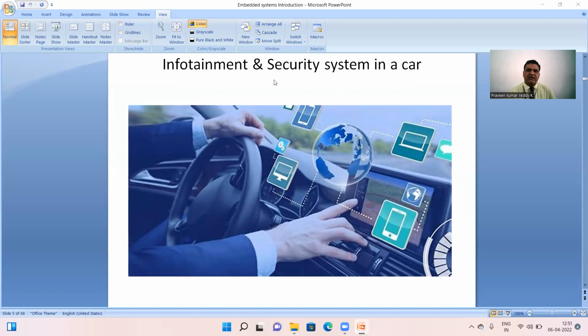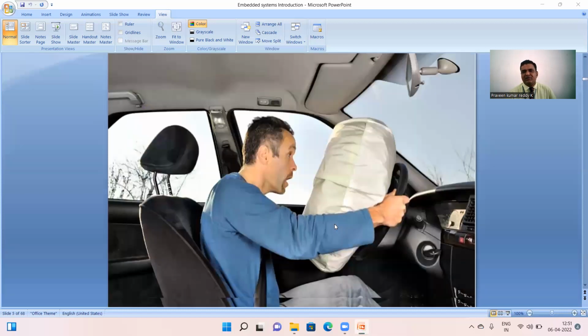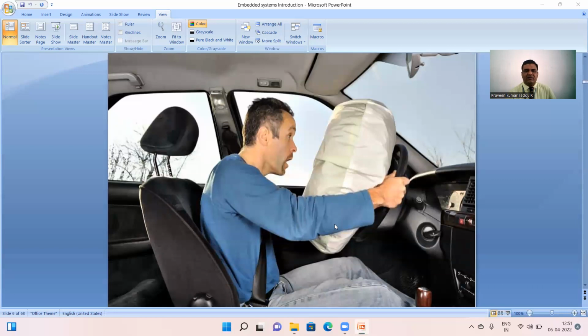As well as that, you have security systems in the car. So what are the security systems in the car? For example, we have an airbag. Let's focus here. The purpose of the airbag is to protect the driver or passenger if any accident happens.